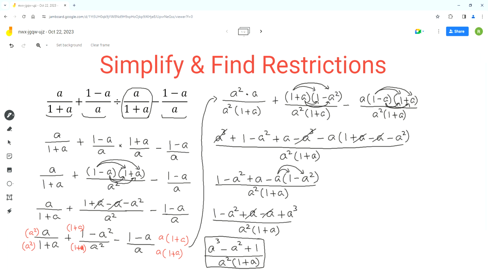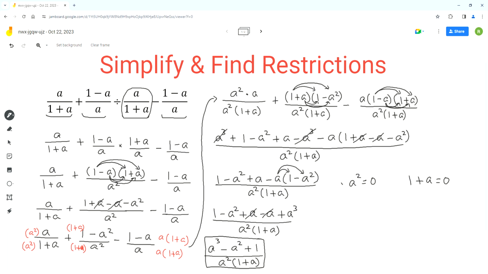And now we can write the restrictions. Restrictions are the variable values that make the denominator equal to 0. Now the denominator has two factors here. The first one is a square. So a square is equal to 0. We set each factor equal to 0 and then solve for a.